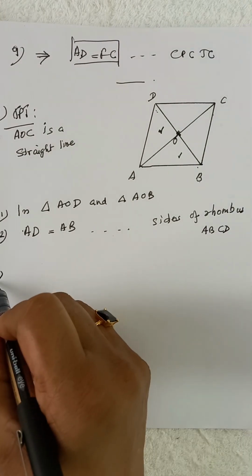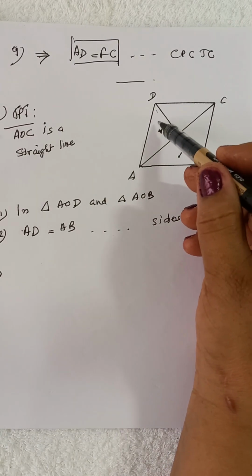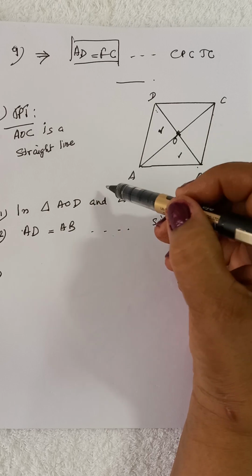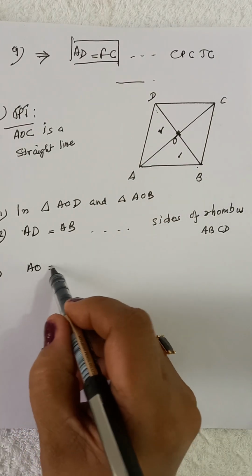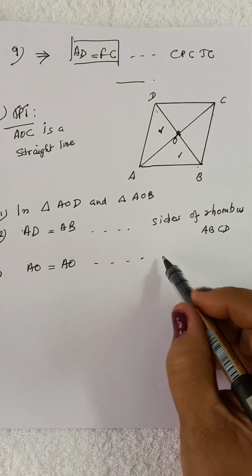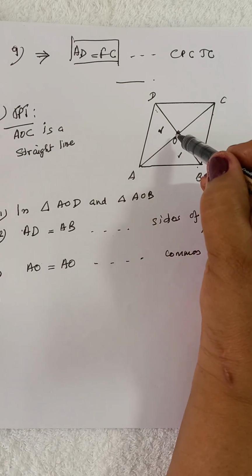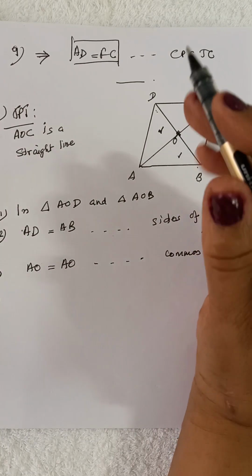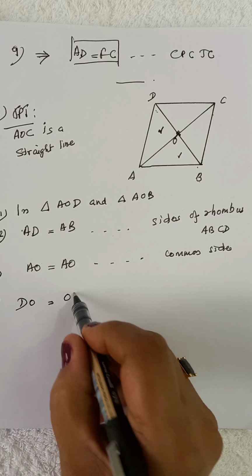Now third point, what about this OA and AO? That is common to both triangles AOD and AOB. So we can write AO is equal to AO. Reason we can write common side. Now we can write fourth point, DO, that is equal to OB. That is given in the question. So DO is equal to OB. That is given.